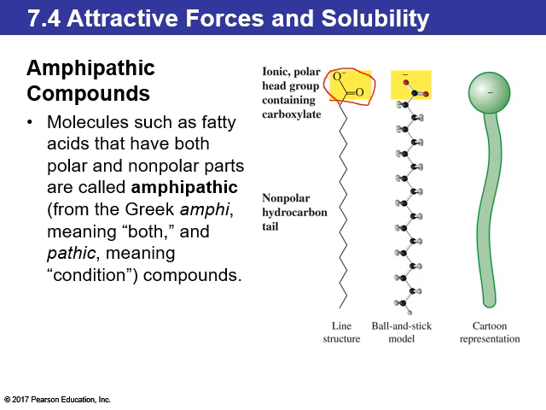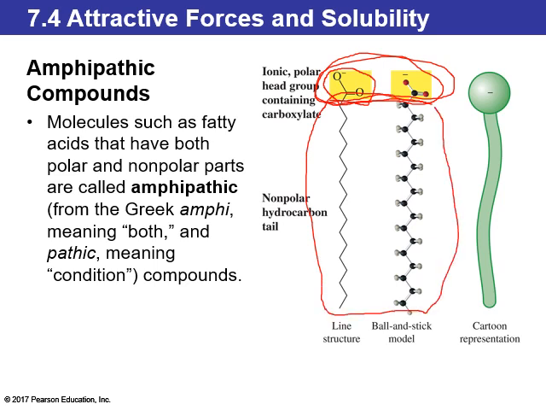So what you will see is that the polar parts are all going to line up with one another and want to interact with one another, and the nonpolar parts are going to try to line up with one another. This is going to give rise to structures like micelles that we use in our soaps. If you break down fat into the individual fatty acids, you've generated soap.